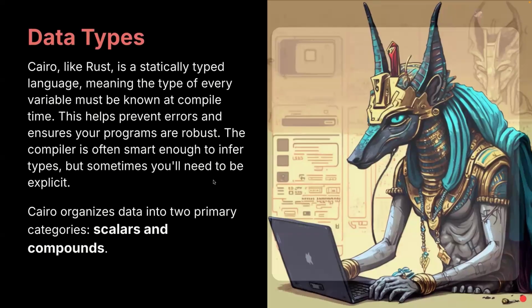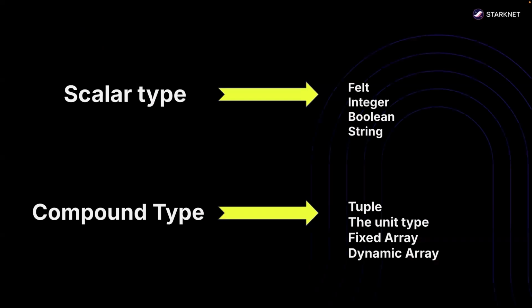So the compiler infers types, and sometimes you need to make it explicit. Are you following? Yeah. So Cairo organizes data into two primary categories: the scalar types and the compound types. Among the scalar types, we have felt252, or felt, popularly known as field elements. It is the native type in Cairo. If Cairo cannot infer the type of whatever value you are assigning to a variable, it will automatically assign it to what? felt.